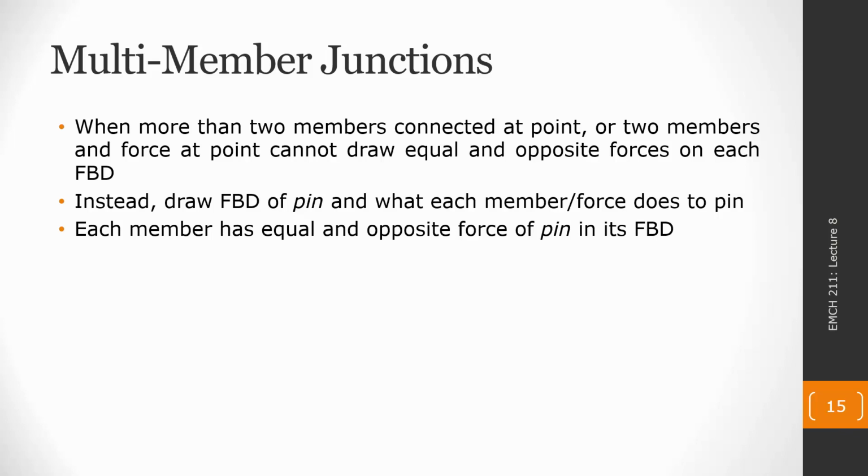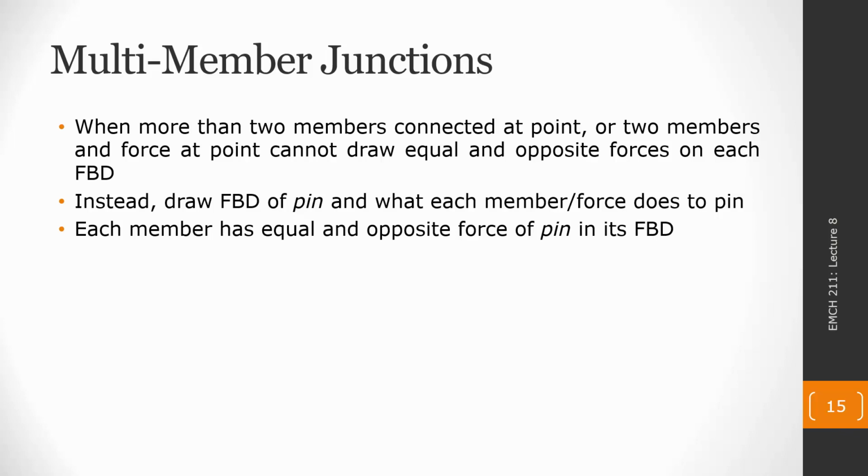And the same is going to be true if we have a force acting on the junction point of two members. We still want to draw this pin picture because we're going to see what each individual member does to the pin, and then in the pin diagram is where we're going to include that applied force. Then in the free body diagrams of the two connected members, that applied force will not appear, but the force that the pin exerts on member one will appear in the free body diagram of the first member.